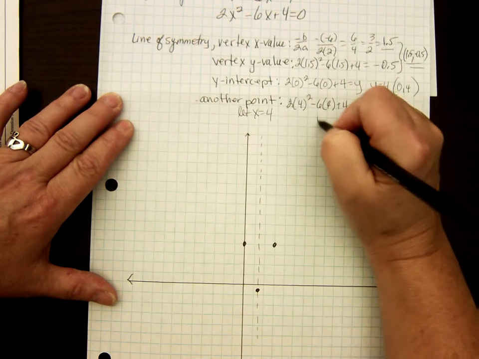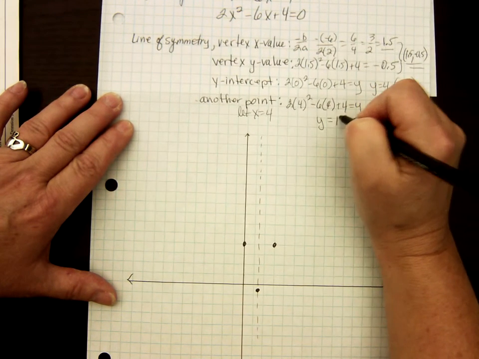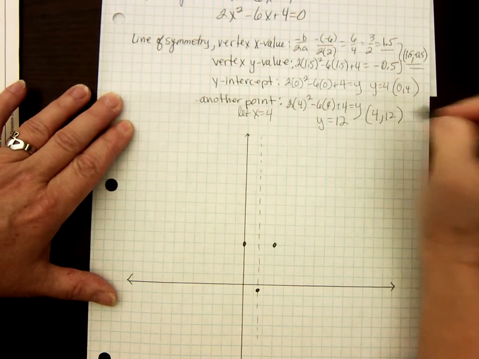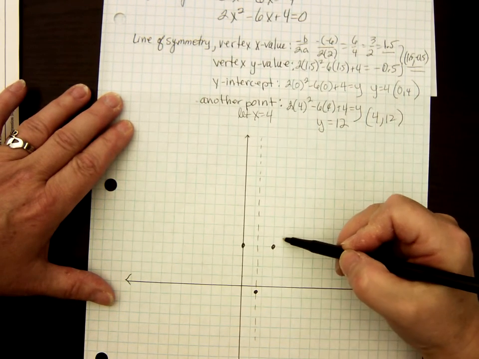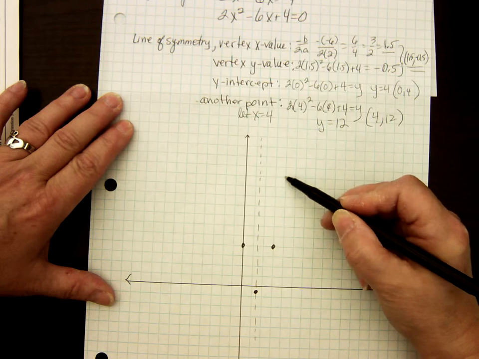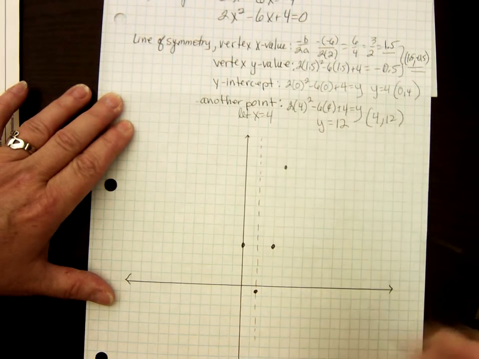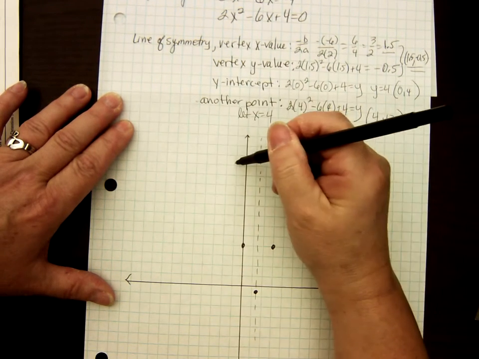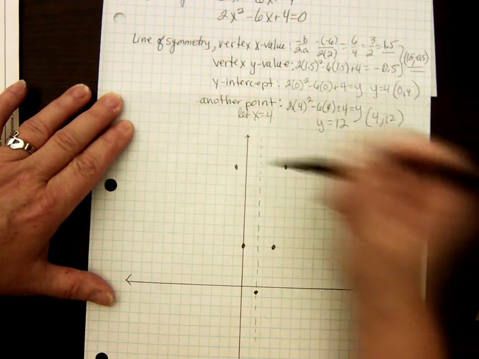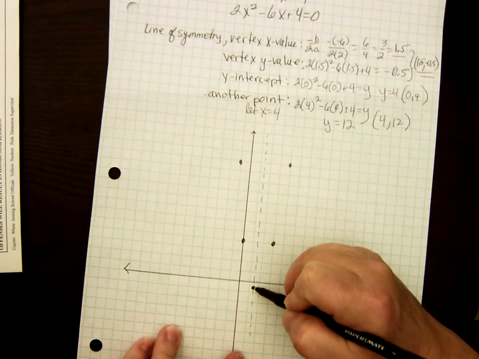So y is equal to 12. So here's my last point. So here's 4, 5, 6, 7, 8, 9, 10, 11, 12. And directly on the other side, the same distance away. And now we can draw our parabola.